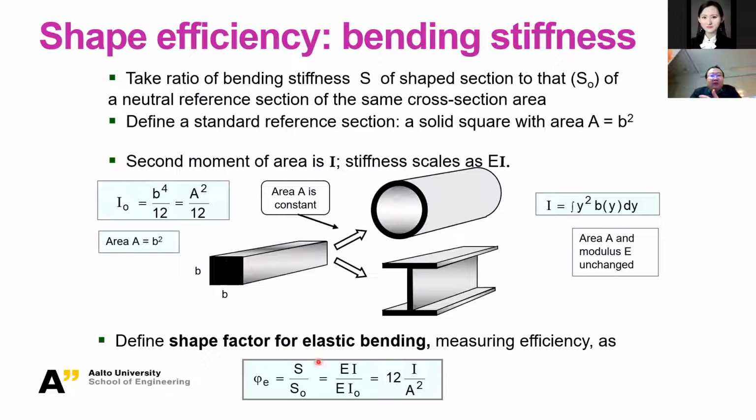This is the elastic bending stiffness shape factor, or you can simply call it the elastic shape factor. It is, for example, the bending stiffness S of this shaped profile over the reference one.